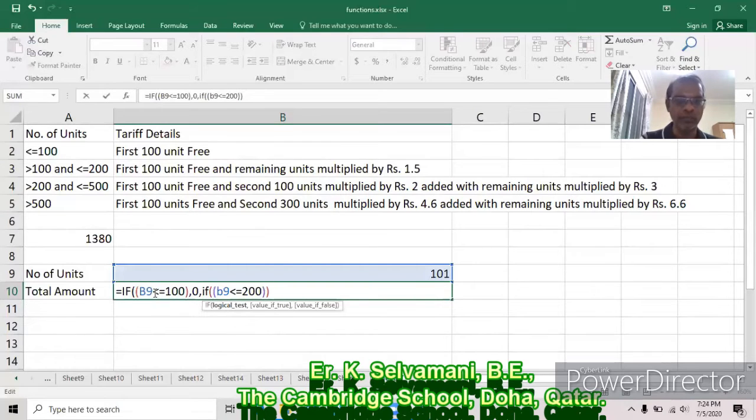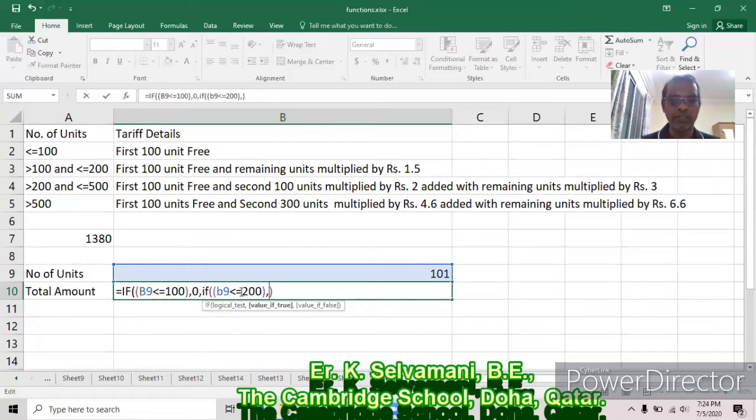If the condition is false, it is assumed the number of units is greater than 100. If the condition is true, the number of units is less than or equal to 200, so it lies between 100 and 200.